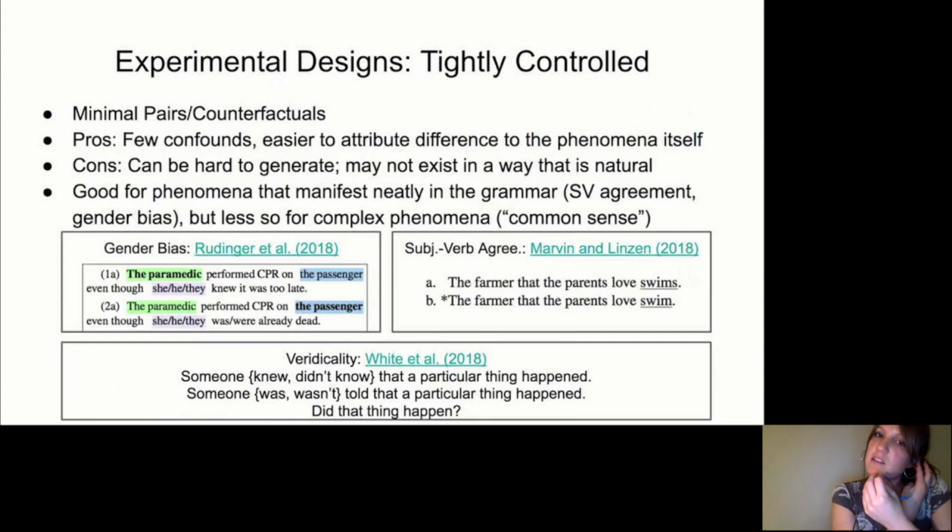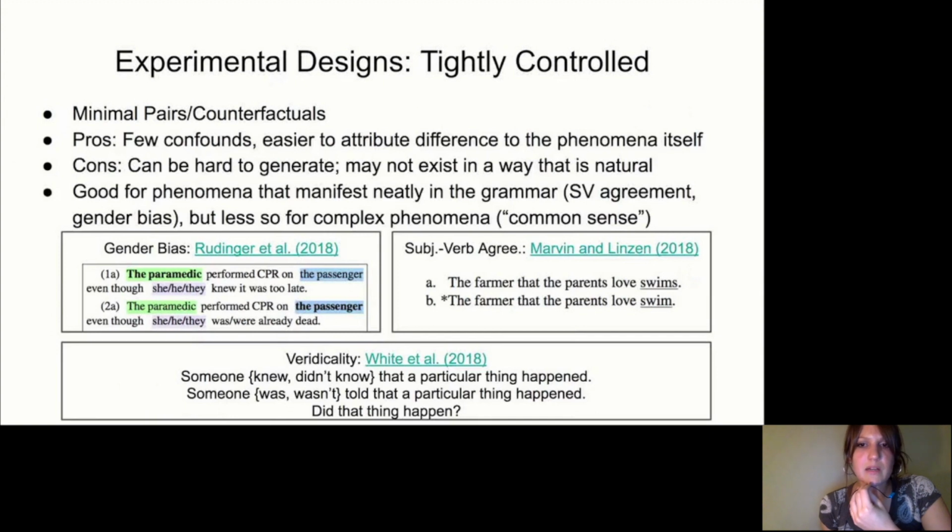So I think this design works well when we're interested in phenomena that manifest really well in the grammar. So things like subject-verb agreement and gender bias are ones where we have very clear surface form signals of the phenomena we're interested in. We have things like pronouns. We have things like morphological markers of verb tense. And so we can easily come up with stimuli that are transparently reflective of one thing or the other, and we can draw strong conclusions from that.